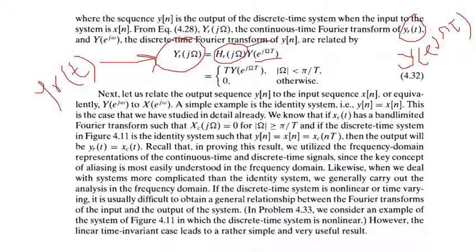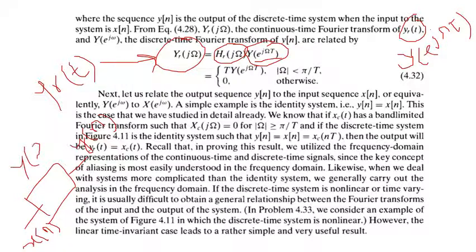This is the output of a discrete system. If I draw it, here we have x of n, here we have y of n. The Fourier transform of y of n will be Y(e^{jω}). If I represent it in continuous, this becomes Y(e^{jωT}).